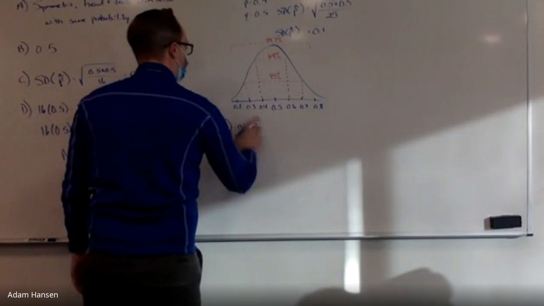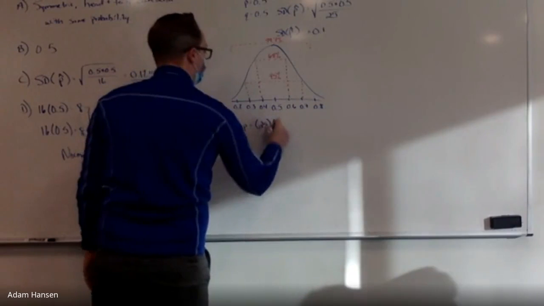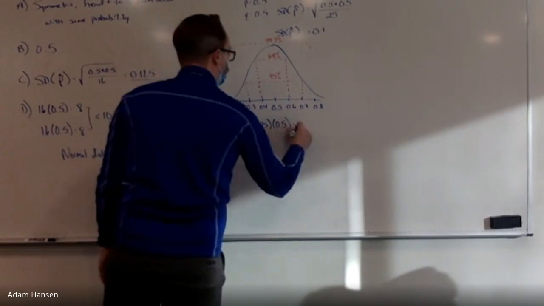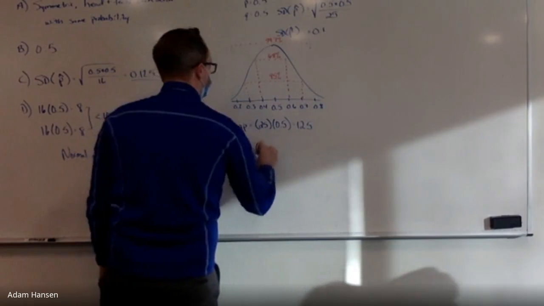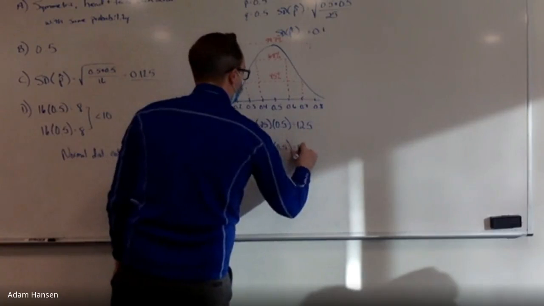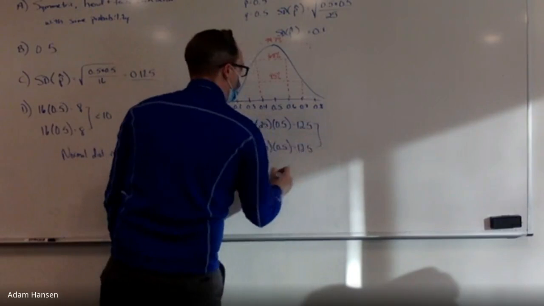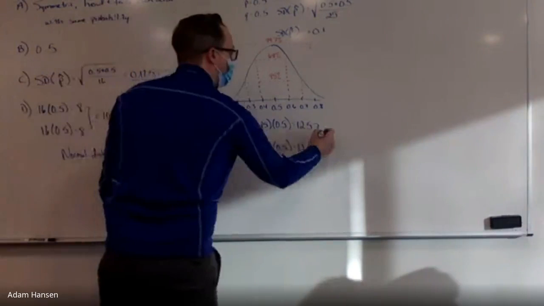So N times P would be 25 times 50%, which is 12 and a half. N times Q is 25 times 50% again, or 12 and a half. Both of those two numbers are greater than what? 10.